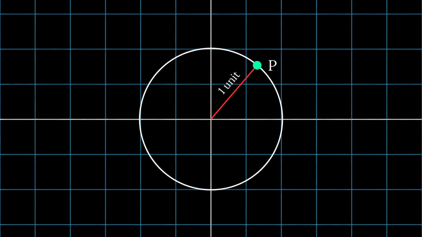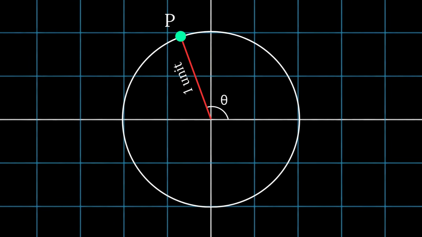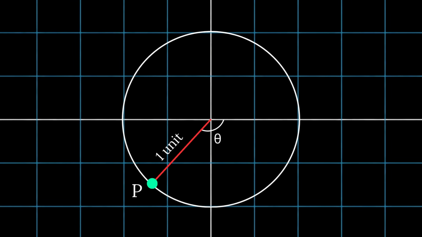Since it's the radius, the length of this segment is going to be 1 unit, since that is the very definition of a unit circle. The segment forms some angle theta with the horizontal x-axis, and the value of theta doesn't matter here. Point P can be anywhere on the unit circle, but the idea still remains.